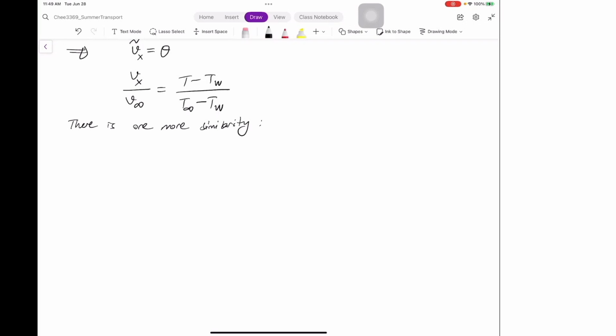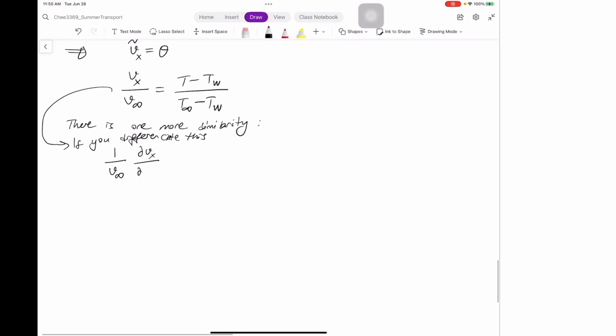If you think about the following, 1 over V infinity del Vx over del y, if you differentiate, we get del over del y with respect to y at y equal to 0, which is going to be a quantity that you know, which is the wall shear stress divided by the viscosity, the absolute value.